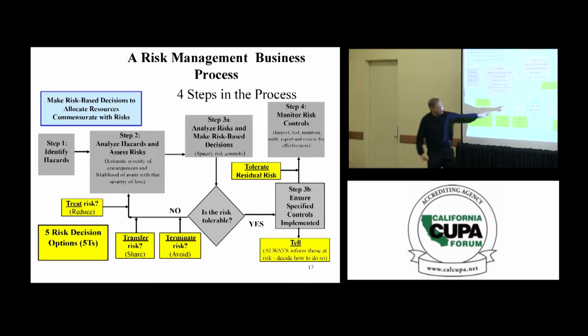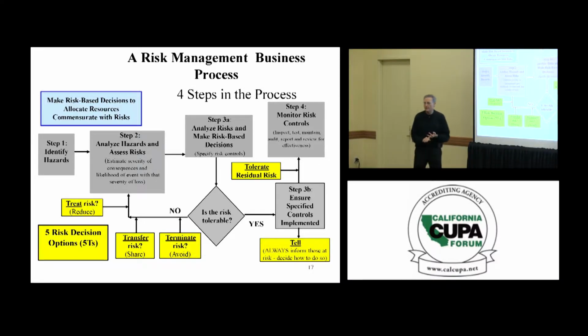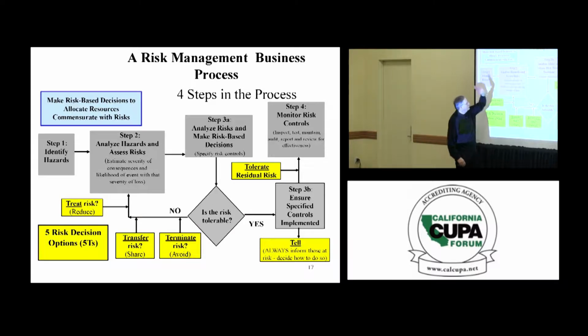If the answer to this question is yes, after we put in all of these controls, whether they be engineering controls or a combination of engineering controls and administrative controls, if we can say we've looked at the hazard, we've analyzed the risk, we've done a consequence analysis, we've done a probability analysis, we've come up with a risk score, we put in controls, we say, okay, it's tolerable. Now, if it's not, then what are our options?